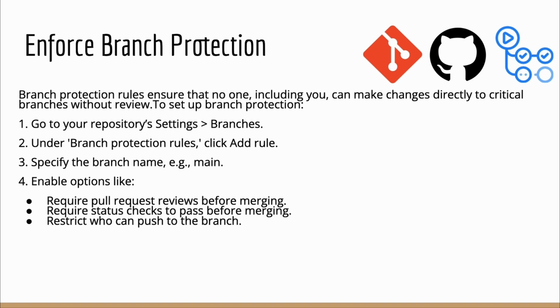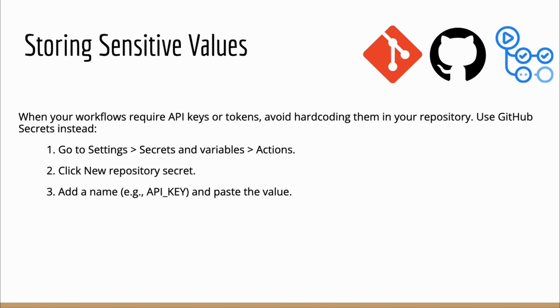For example, a GitHub Actions workflow that runs some tests against the code. Those tests have to pass in order for that change to be merged to the main branch. And you can also restrict who can push to the main branch, so only certain people are allowed to actually push to that branch. So this gives you several options for controlling how code is added to a particular branch in your repository. Next, I want to talk about storing sensitive values.